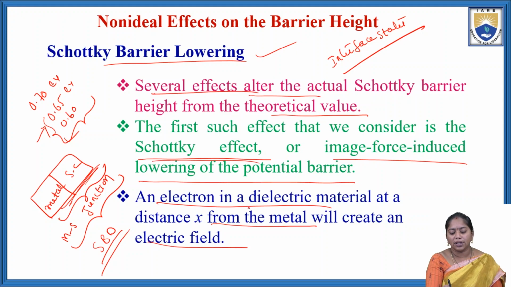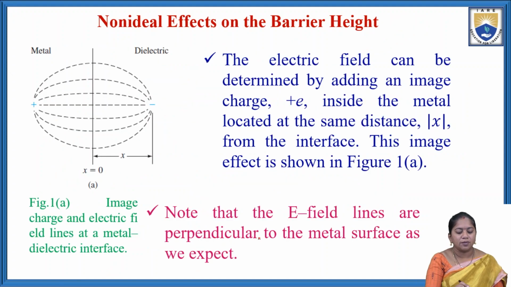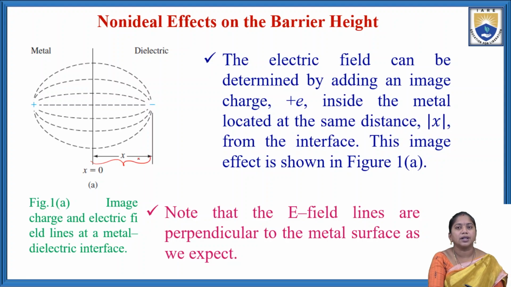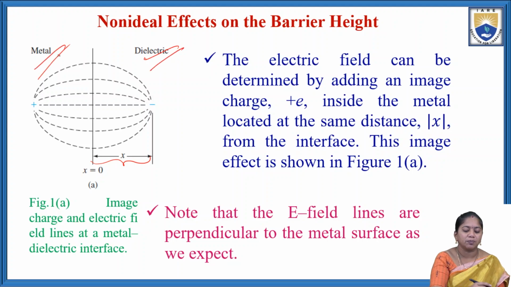An electron in a dielectric material at a distance x from the metal will create an electric field. As can be seen from this figure, the electron at a distance x creates the electric field. This is the dielectric material, this is the metal.